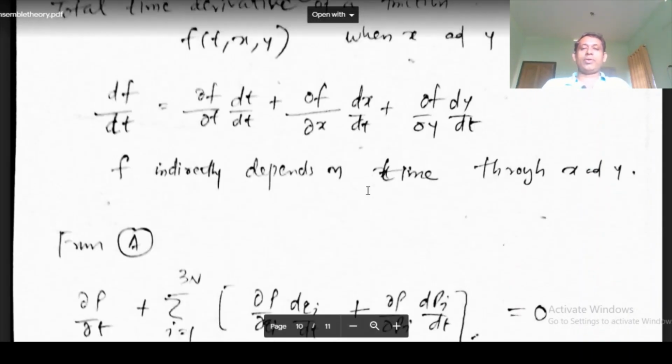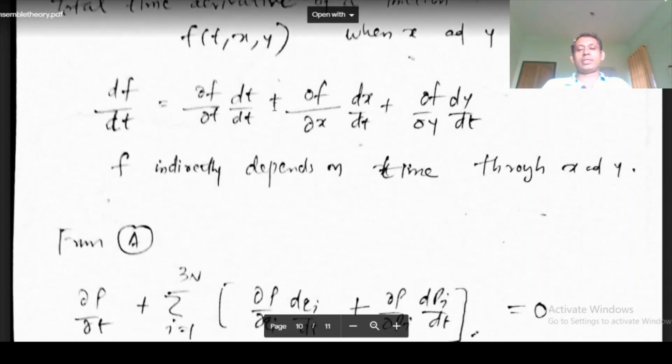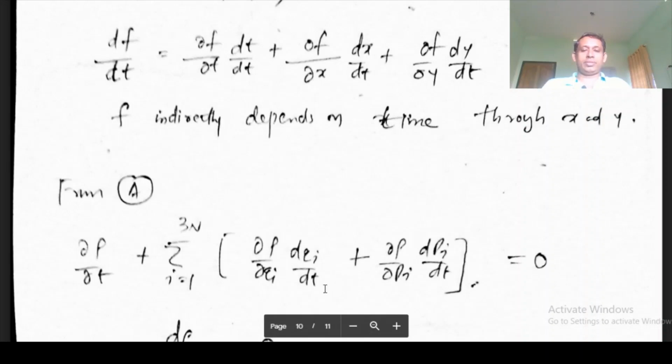So I will be getting the total time derivative as ∂ρ/∂t plus sigma i equal to 1 to 3n of ∂ρ/∂qi qi dot plus ∂ρ/∂pi pi dot.